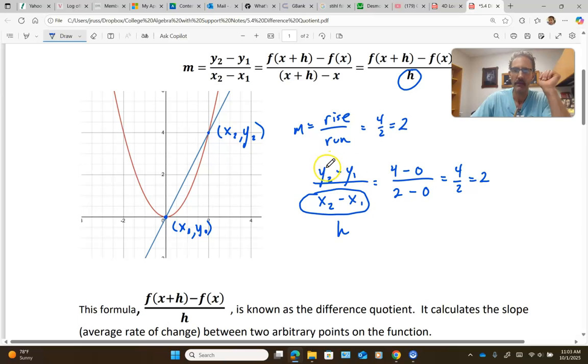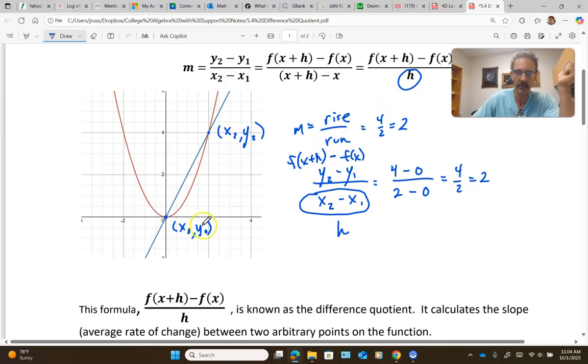And then furthermore, the difference in those y-coordinates would be the function values. If this is my first point, then the function value will be f of x, right? And then the y-coordinate of my second point will just be f of x with an extra h added to it, so f of x plus h. So it'll be the difference between those two things.